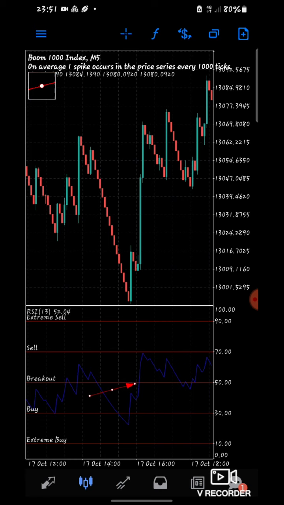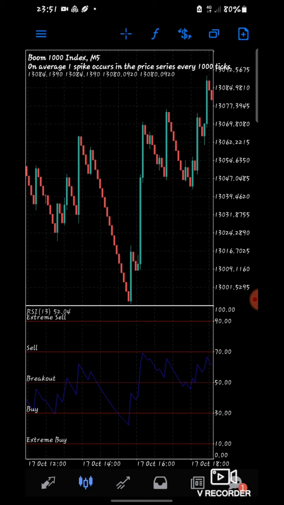Yes, sometimes it does cross the breakout line and touches the sell line, but it rarely happens. It seldom happens, guys. It doesn't happen always. So to make sure we don't take much risk, we exit here. Okay, so you can actually be in profit.